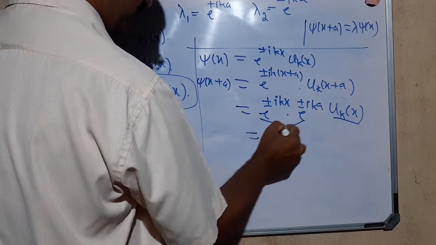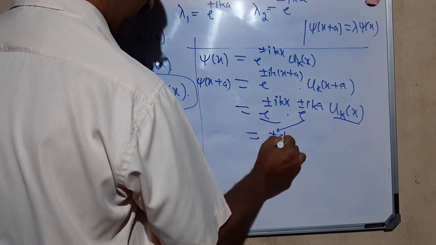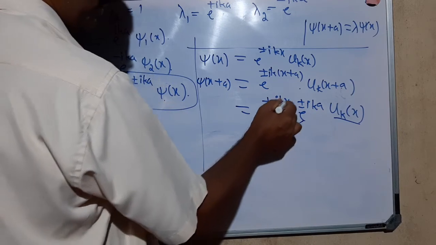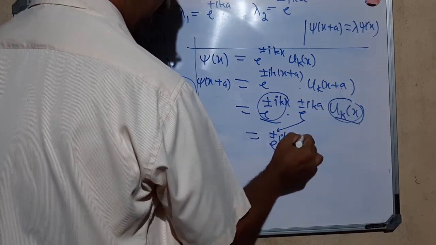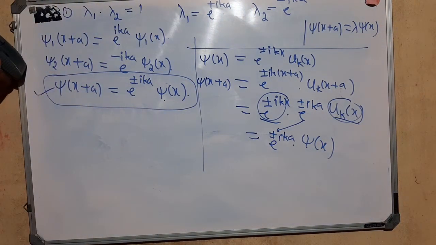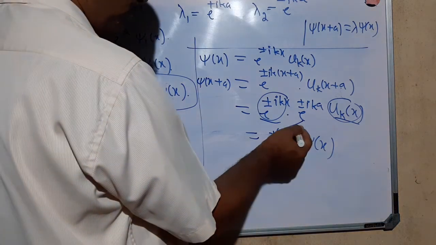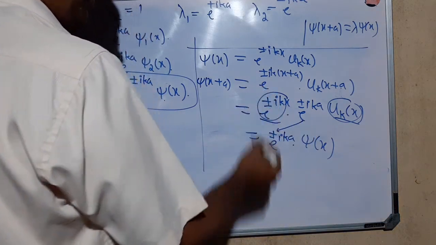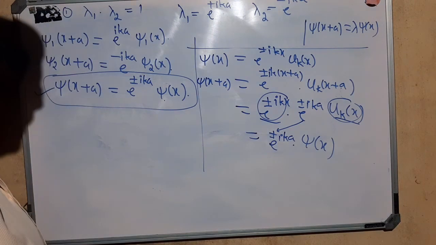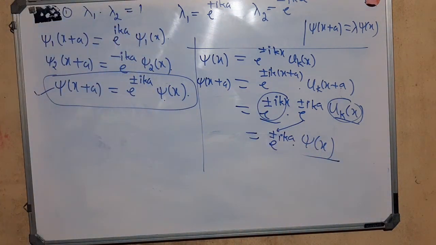Now I am writing this one first here. That is e to the power plus or minus ika, and this product I am taking as ξ of x, because any wave function is written as something into e to the power something. So in the place of that, you have e to the power plus or minus ikx. This is taken as ξ of x.